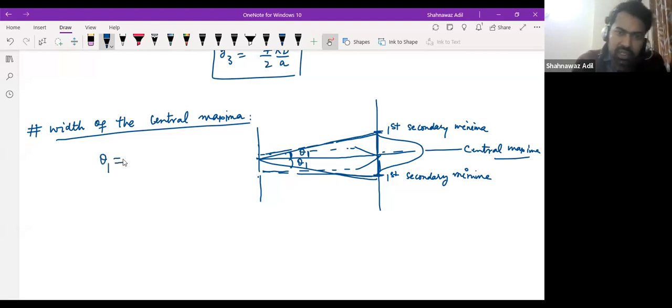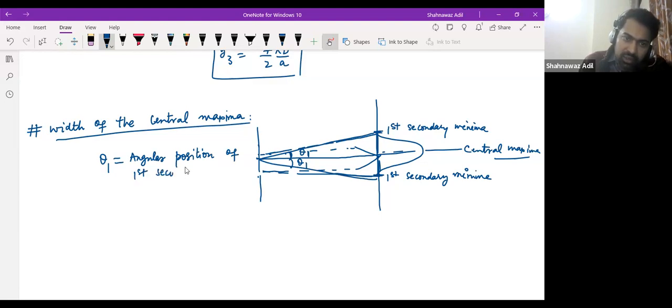We know that theta 1 is the angular position of the first secondary minimum, right? And we know that this is how much.